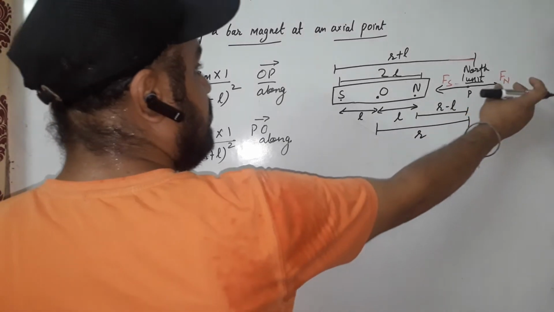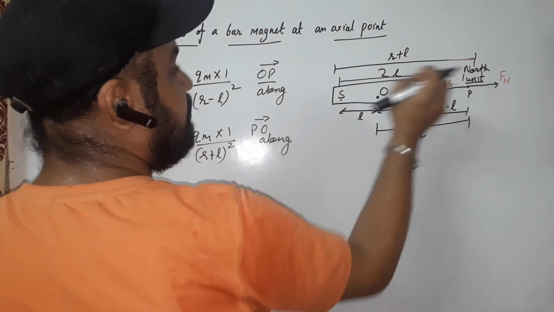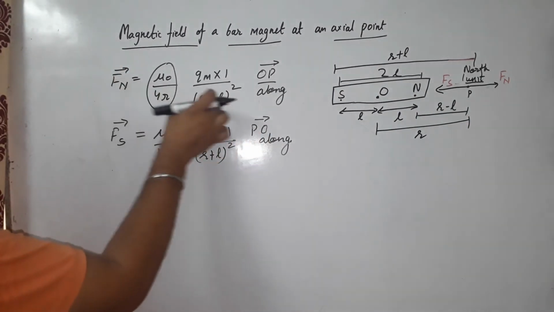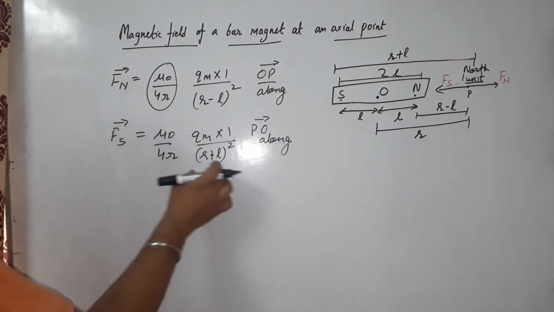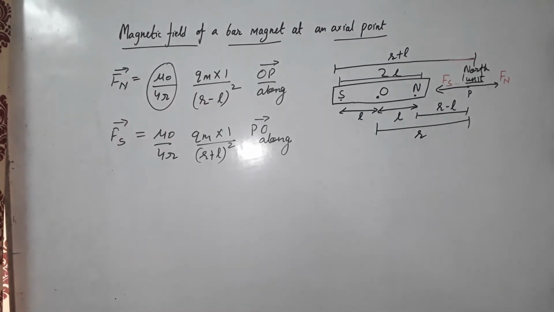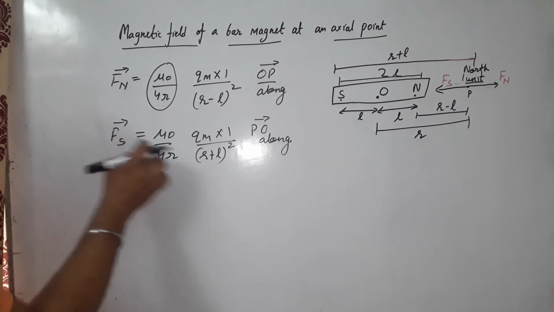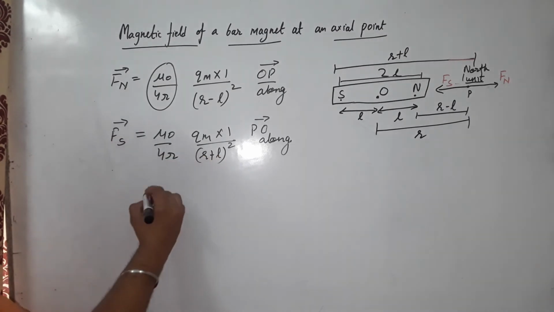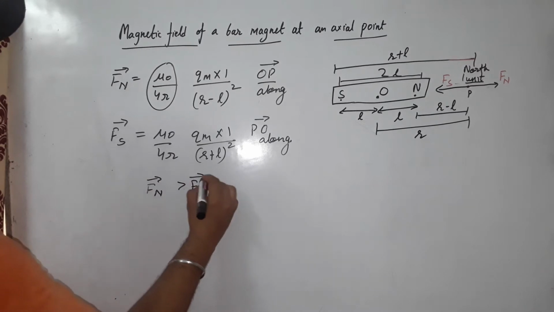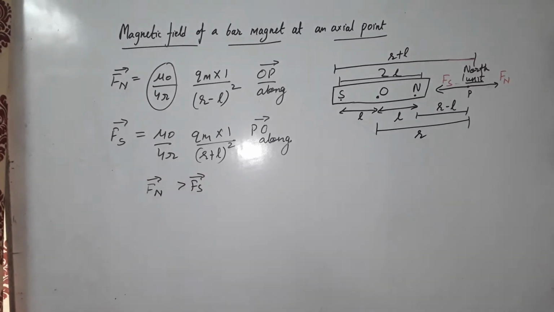Kindly see, this is the force of repulsion and this is the force of attraction, and force is inversely proportional to the square of distance. So this force will be more than this force. Why? Because the distance for the north pole force is less than that of the south pole, so Fn will be greater than Fs. So we have to find the magnetic field over here on the axial line.